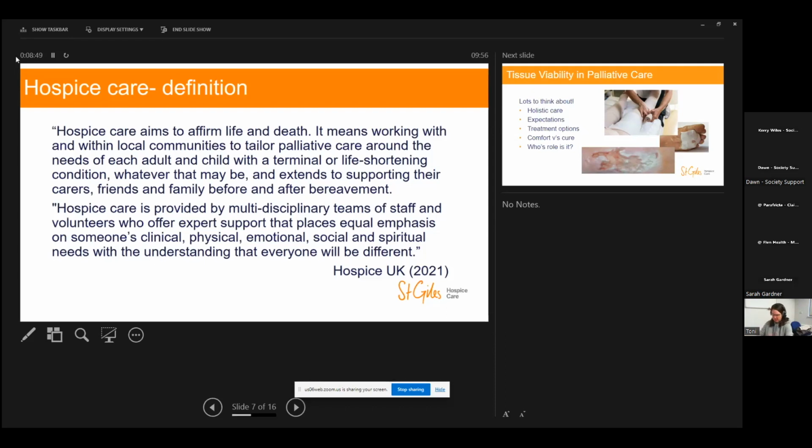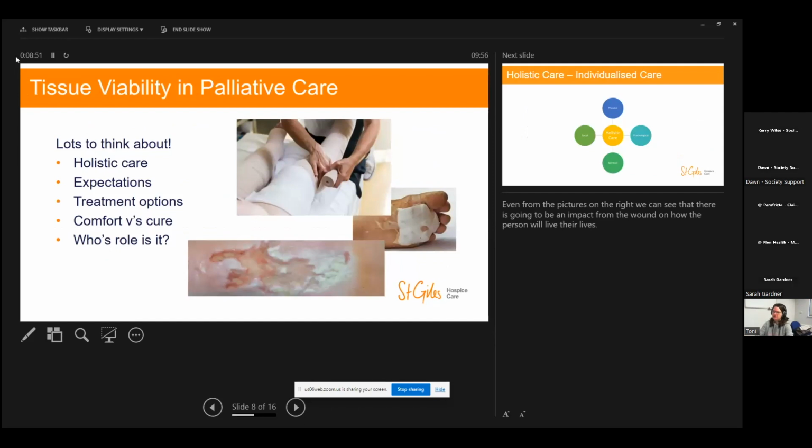So when we think about tissue viability in palliative care, there's actually quite a lot to think about, and I've only got half an hour, so I really just wanted to set the scene in terms of some of the things that you might want to think about as you go through today. But one aspect would be that holistic care element from the palliative care ethos.